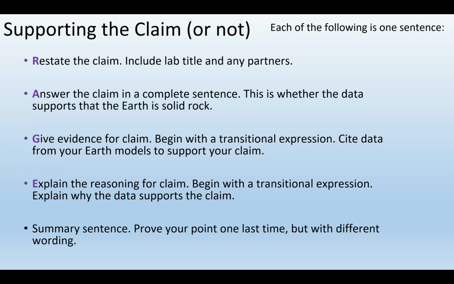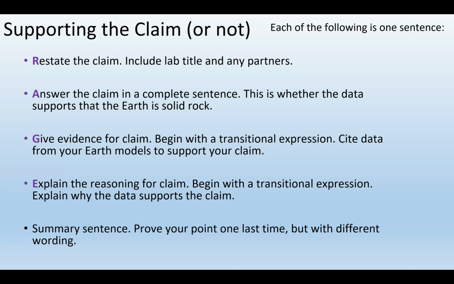You're going to cite your data from your Earth models to support your claim. You also probably want to cite some data from your small Earth model, where you drew multiple 100-degree lines. You can also cite data from your textbook. So you need data from at least 3 different places to support your claim.